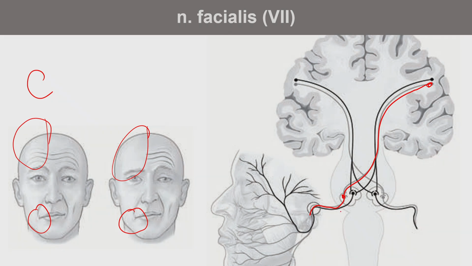But when the problem is somewhere distal from the brain stem, then this function and this function are both impaired. So then you have a leg here, so this is a peripheral paresis.